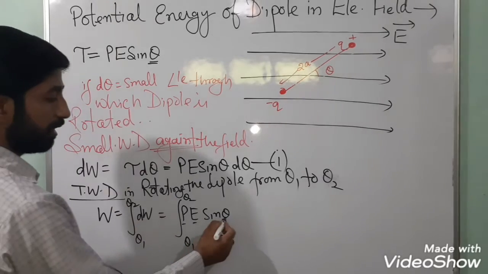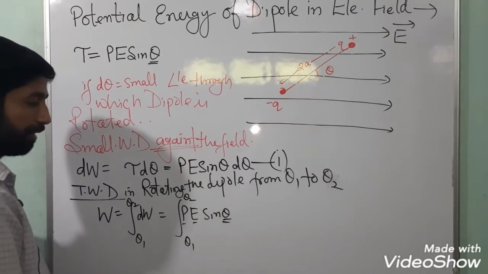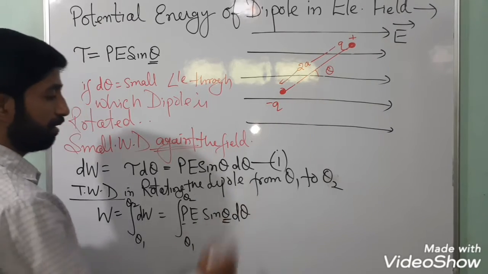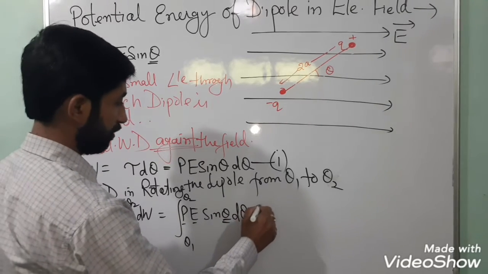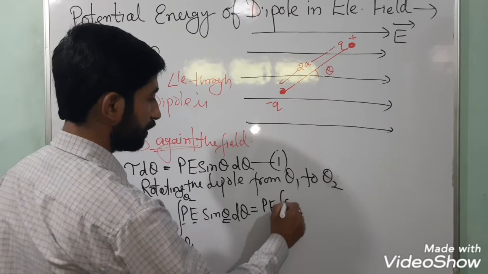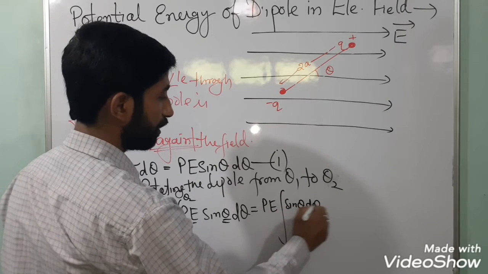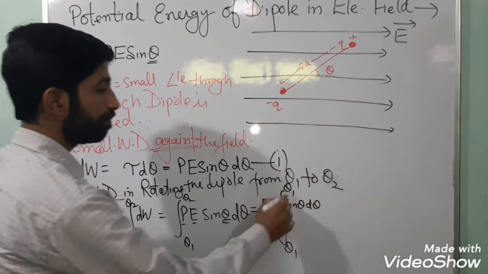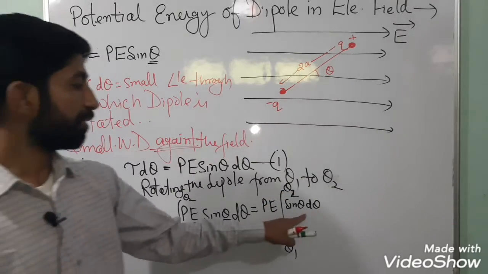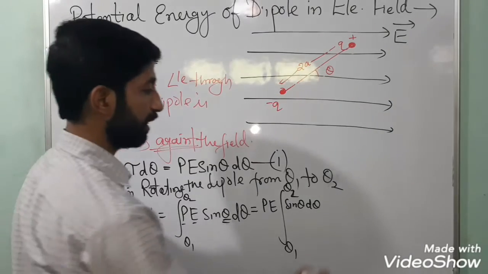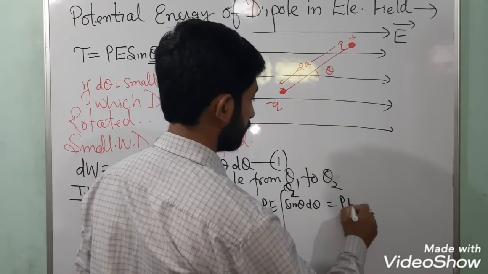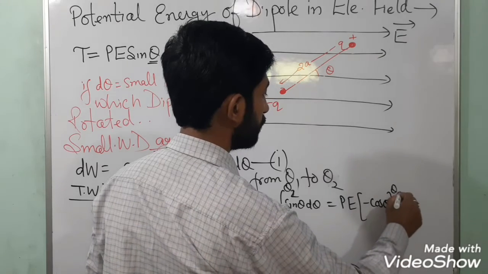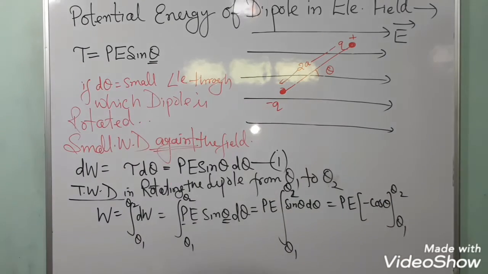So we take them out because only theta varies, and the integration will be done in terms of theta only, which is the variable. So PE integration sin theta d theta, with limits theta 1 to theta 2. The integration of sin theta is minus cosine theta. So we get minus cos theta, with limits from theta 2 to theta 1.